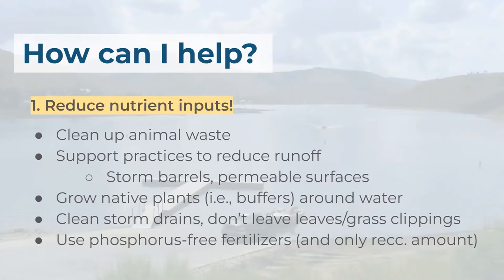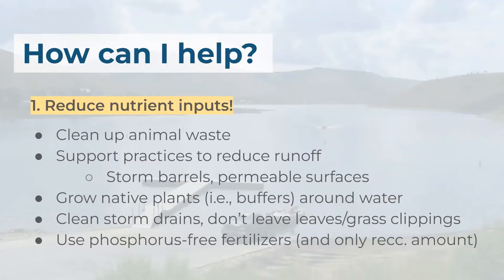Going along with that, creating buffer zones around water bodies has also been shown to have significant impacts on nutrient input. So even a few feet of trees or native plants between a developed area and a water body once again acts as that natural filter by intercepting runoff and processing it, cleaning it, removing those nutrients before it's introduced to the water body.